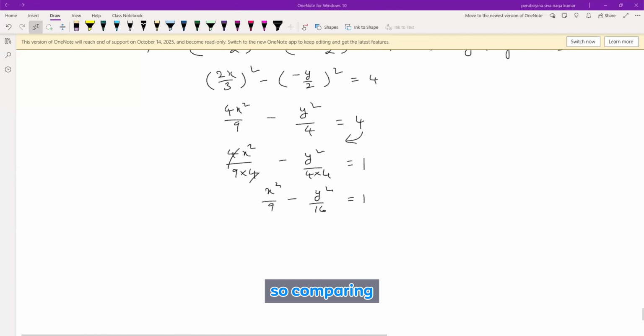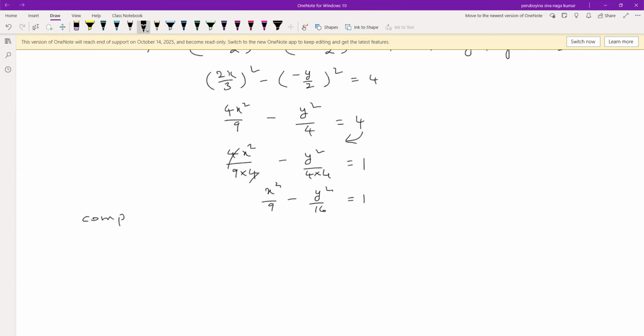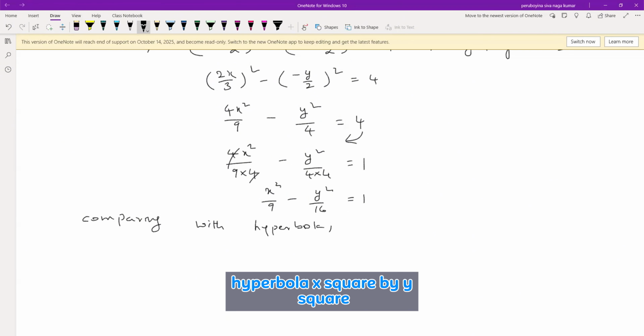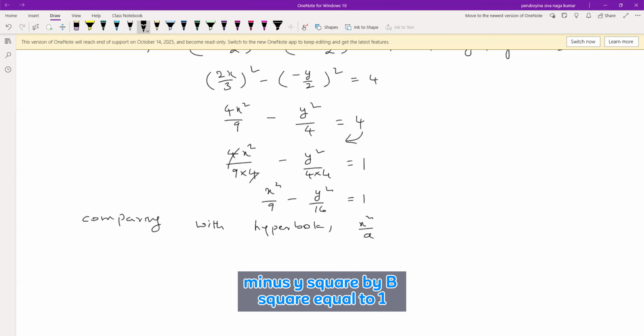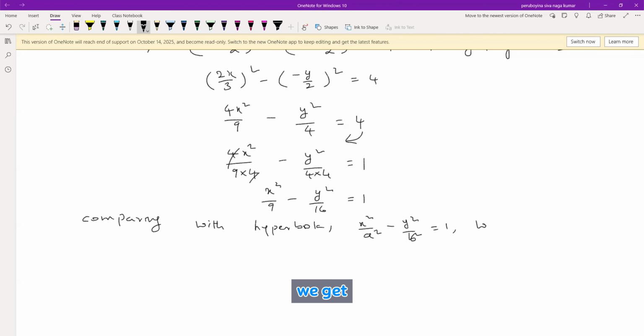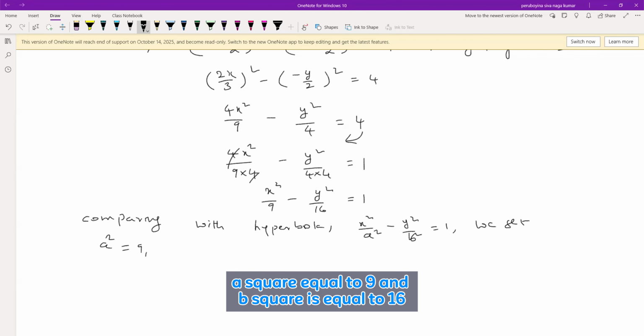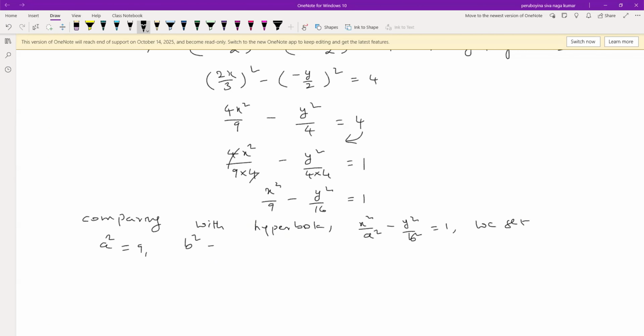So comparing with a hyperbola, because this is a hyperbola, x square by a square minus y square by b square equals 1, we get a square equals 9 and b square equals 16.